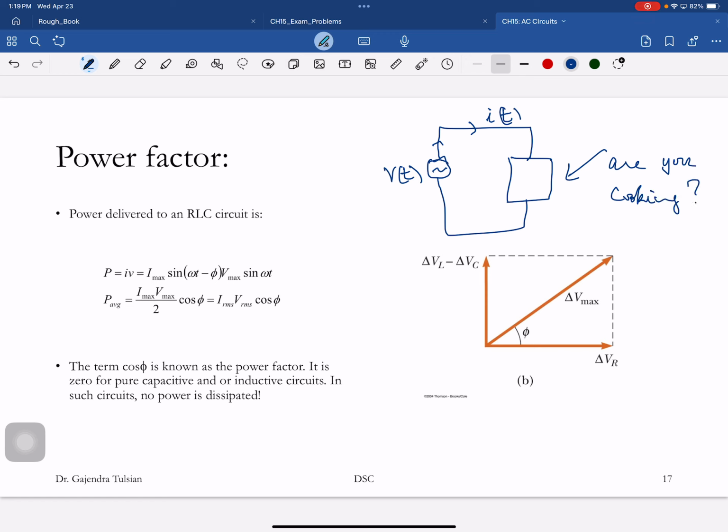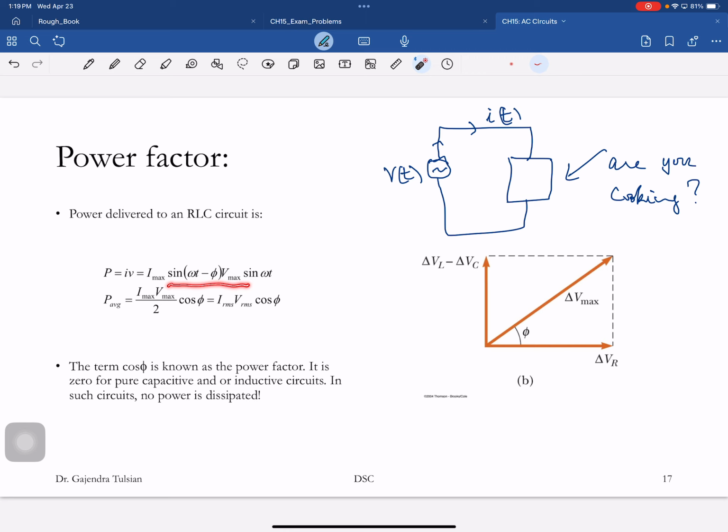All right, so the power delivered to the load is V times I. There is I, and there is V. Of course, this is the instantaneous power.